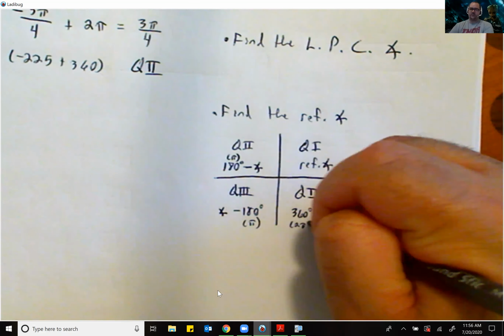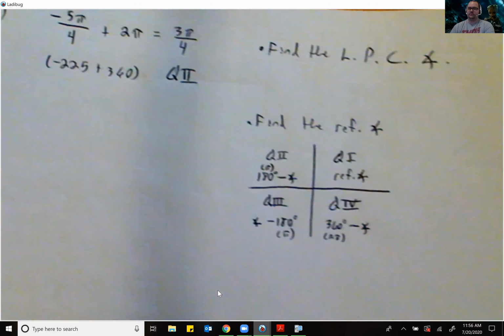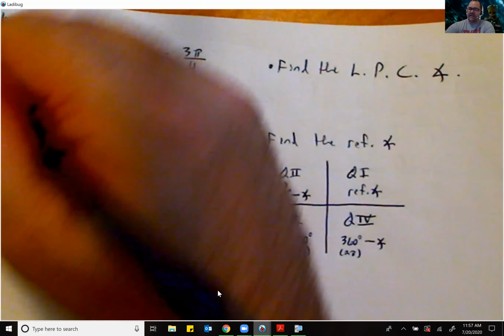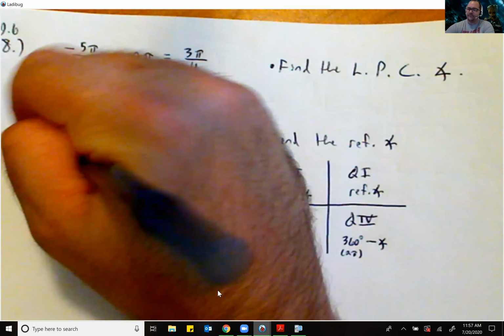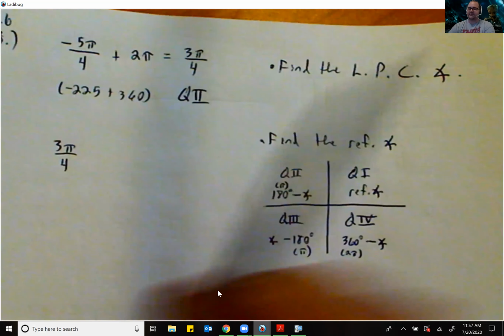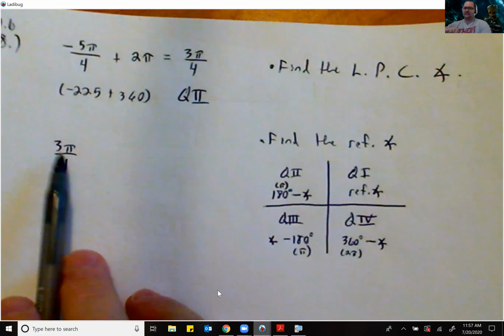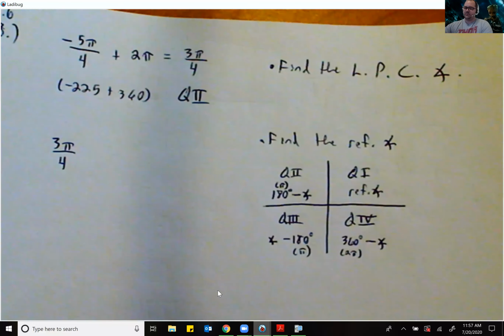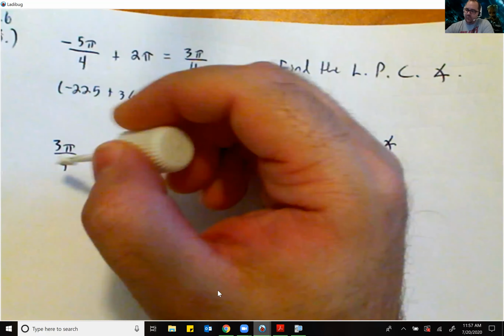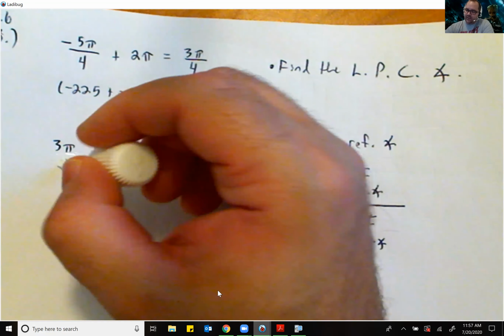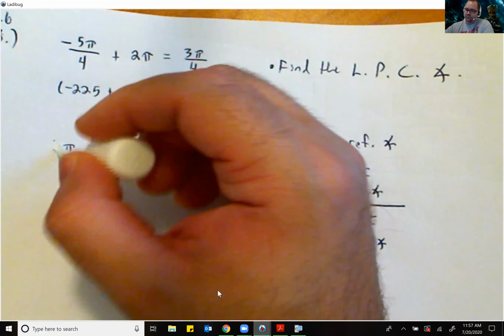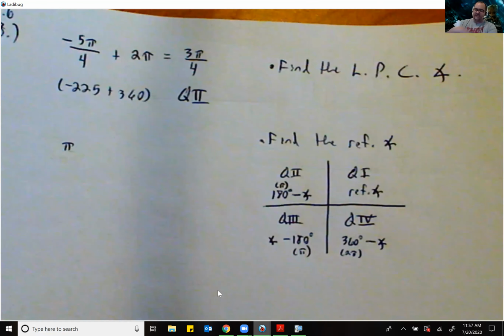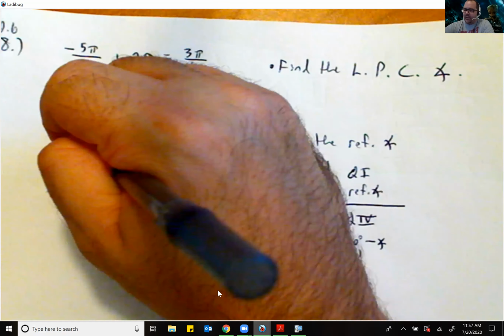minus the angle. Okay? So I'm going to take 3 pi over 4, and we're going to subtract it from pi. Or in other words, you're going to take 180 minus 135, because that was what the angle was. But for us, I'm going to keep it in radians, so it's pi minus 3 pi over 4.